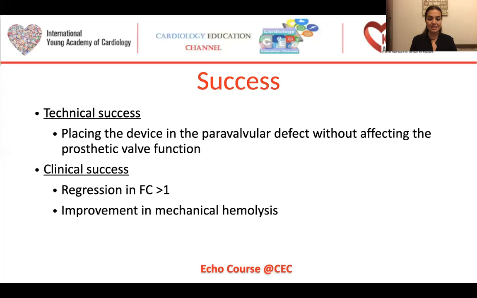The success actually depends on 2 factors, the technical success and the clinical success. The technical one is just placing the device into the defect without causing any prosthetic valve dysfunction. But the clinical success is the regression in the functional capacity or the improvement in the mechanical hemolytic anemia.